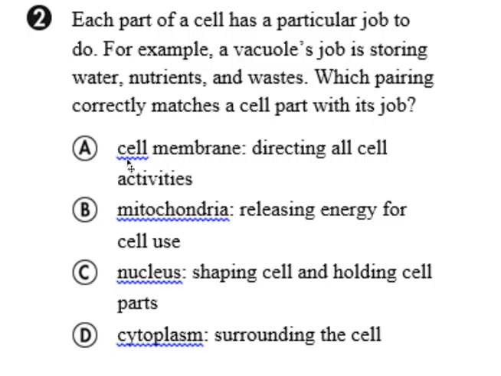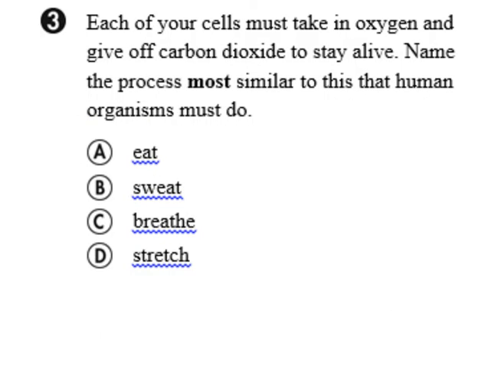Cell membrane, directing all cell activities. Mitochondria, releasing energy for the cell to use. Nucleus, shaping cells and holding cell parts. Cytoplasm, surrounding the cell. Which one of those is the right definition?